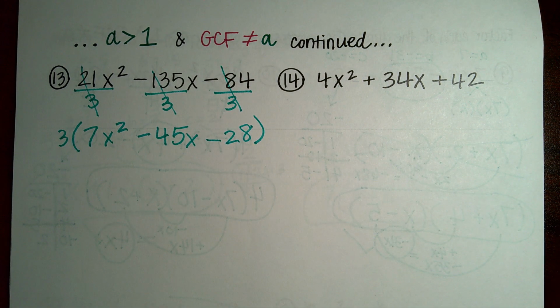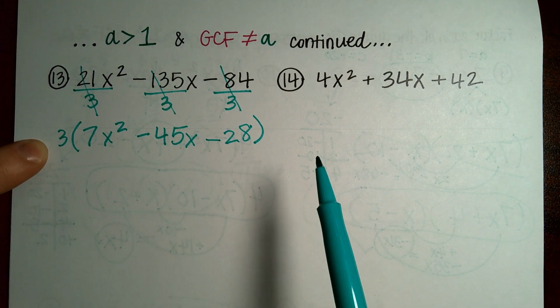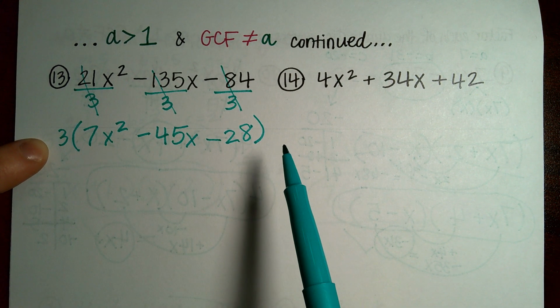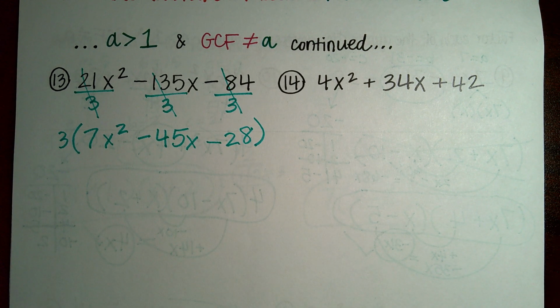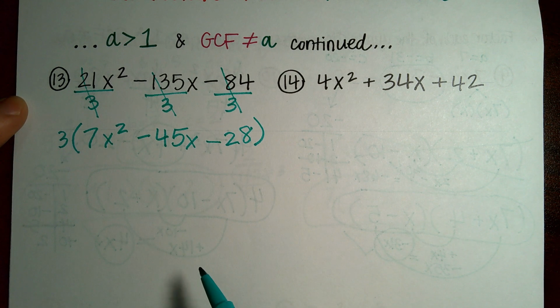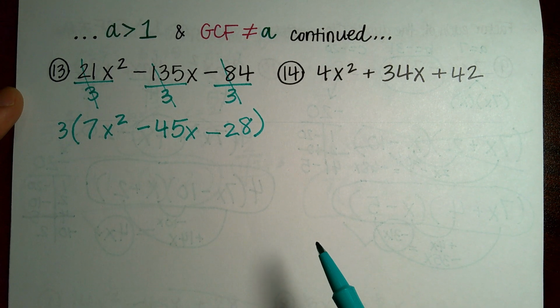Okay. Can we go any further, or is that as far as we can go factor-wise? I don't think there's anything else that we can pull out of these numbers. I think that's as far as we can go. Everybody agree? Okay.